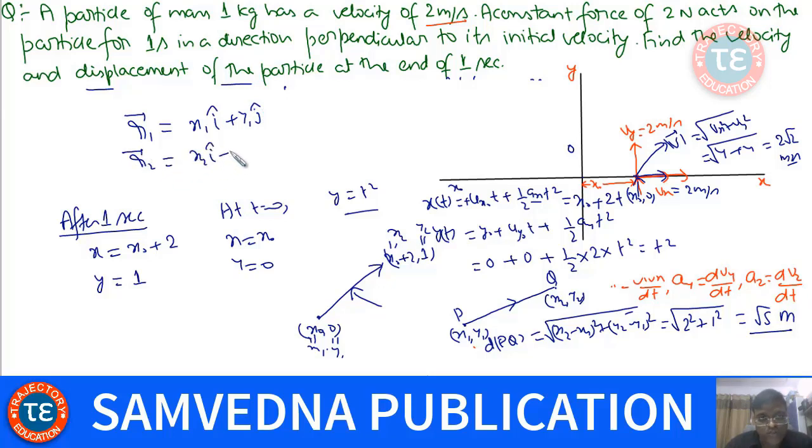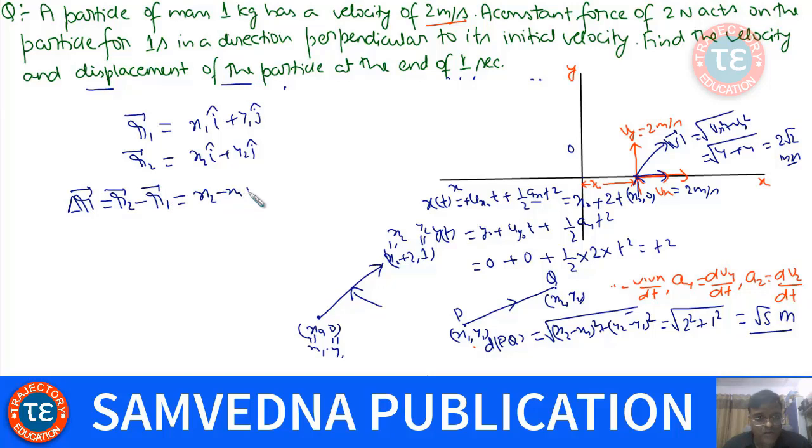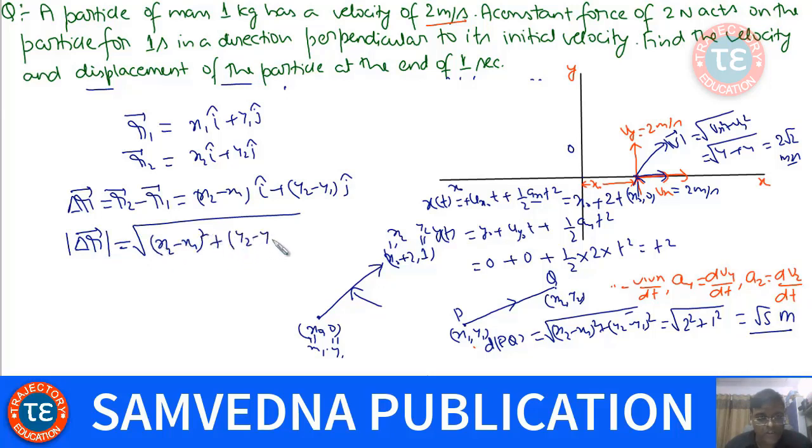The final position is given by x2 i cap and y2 j cap, and then displacement is given by r2 minus r1 vector, which is x2 minus x1 i cap plus y2 minus y1 j cap, and the magnitude of displacement would be given by the root of the sum of squares, and that is the distance formula also.